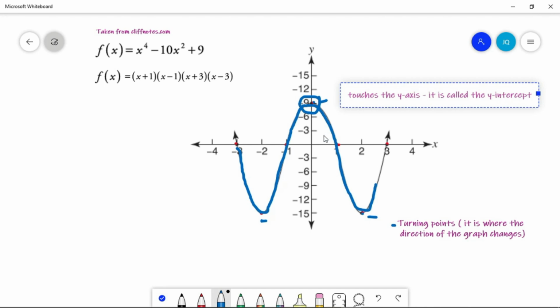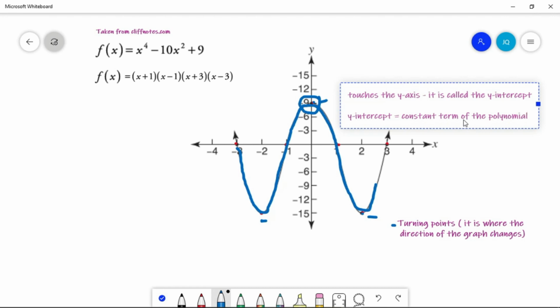Okay, so if the graph crosses the y-axis, the point which is hit by the graph is what we call the y-intercept. And the y-intercept is actually the constant term of the polynomial function.